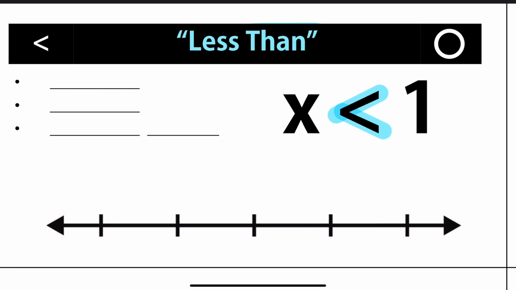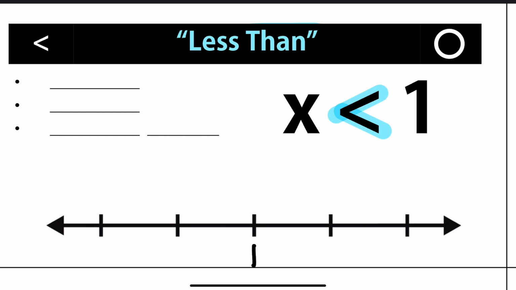So usually when we have our number line, we're going to start with the number that they give. For us, that's going to be 1. So I'm going to put a 1 down here, right in the middle of my number line. Then we need to show which side is smaller and which side is bigger. Now, usually you do that by putting in smaller numbers and bigger numbers.